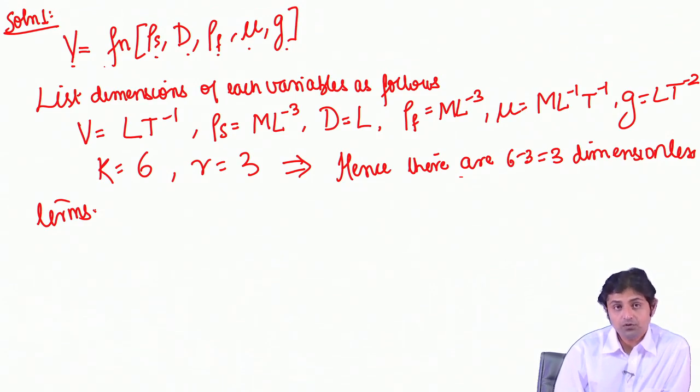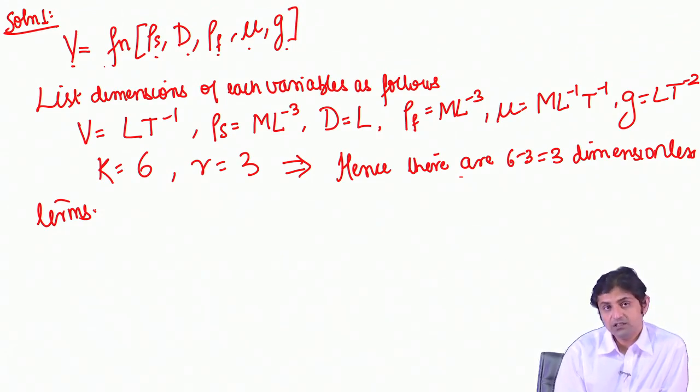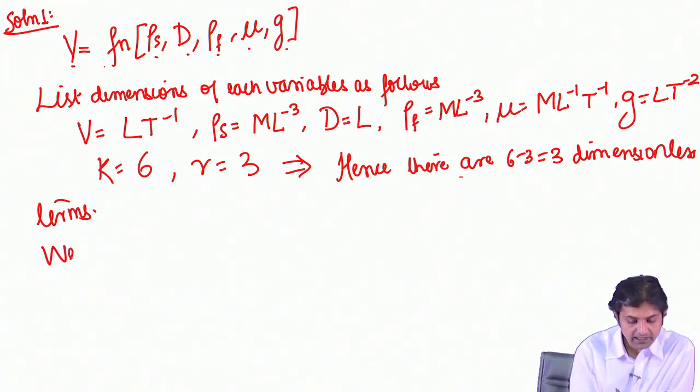Following these initial steps, we have obtained that there are going to be 3 dimensionless pi terms. The next step is selecting the repeating variables.